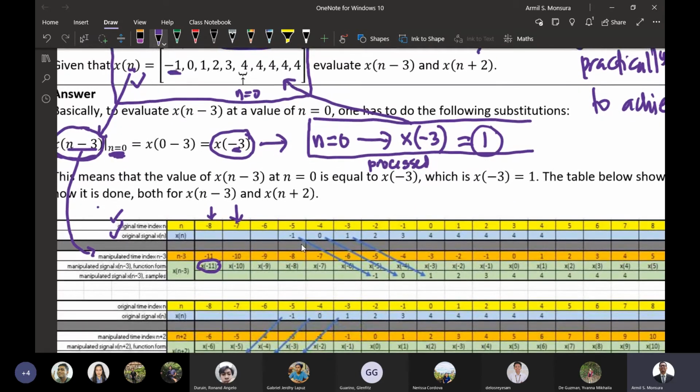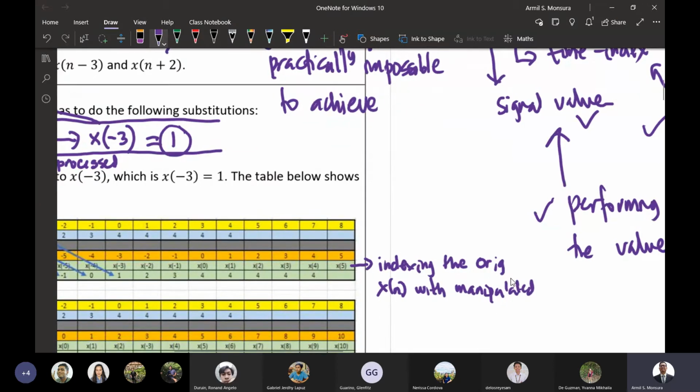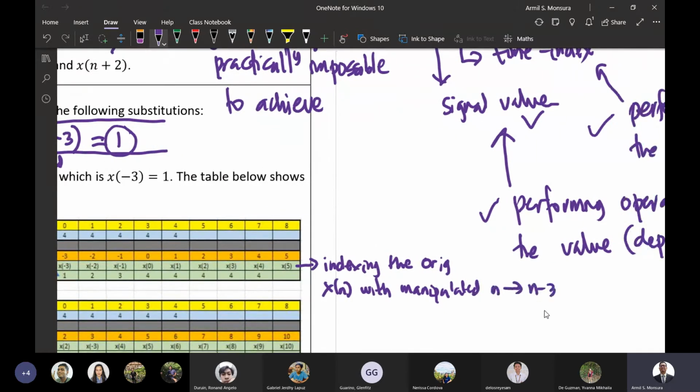Okay? So, kung titingnan niyo ngayon, kung kukumpletuhin niyo tong manipulated signal niyo, which is obtained by indexing the original signal with the manipulated index. Lagyan natin yan. Ito is obtained by indexing the original x[n] with manipulated n, which is now n-3 dapat.